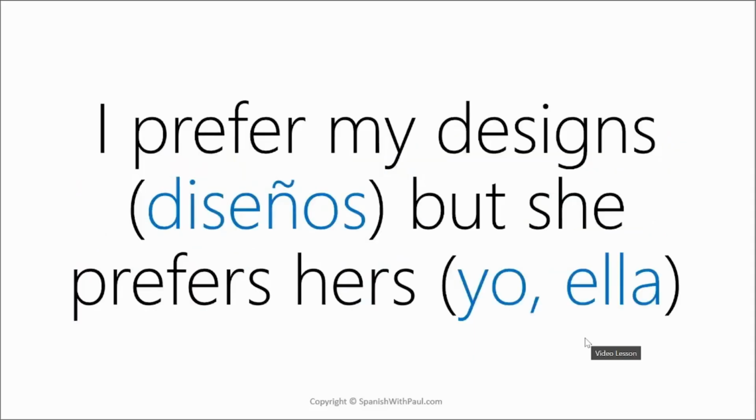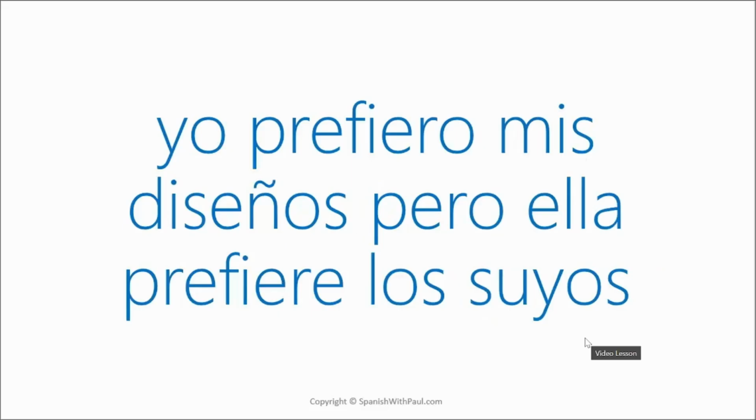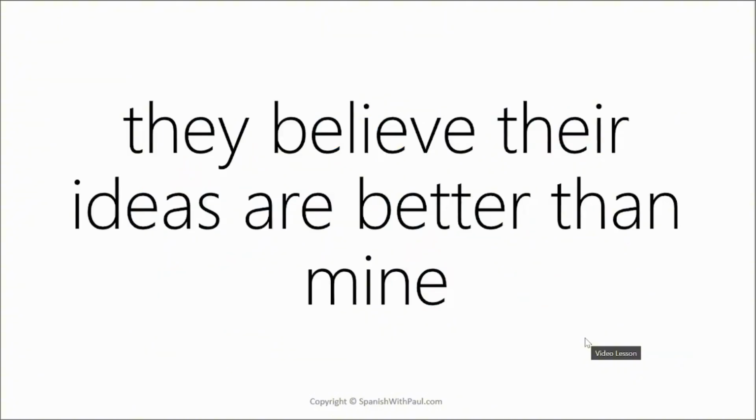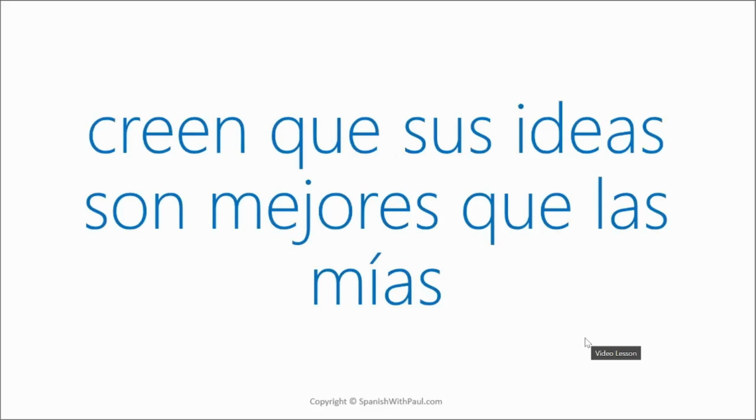I prefer my designs, but she prefers hers. Yo prefiero mis diseños, pero ella prefiere los suyos. They believe their ideas are better than mine. Creen que sus ideas son mejores que las mías.